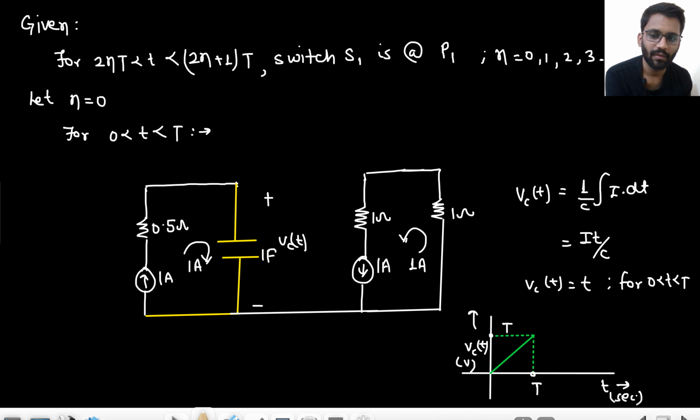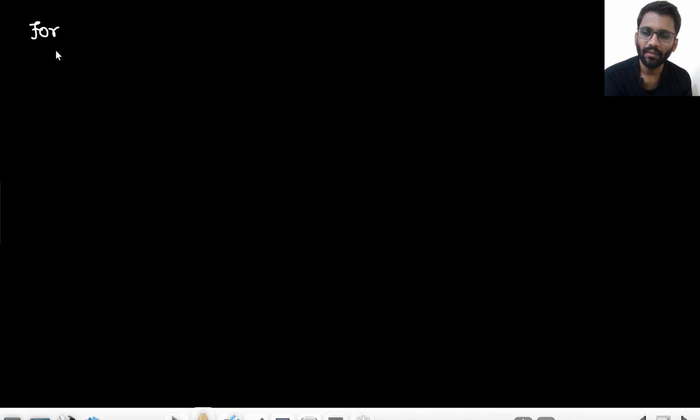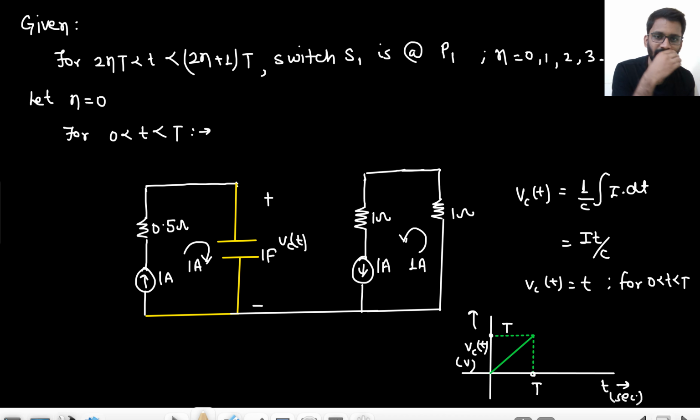Now in the second cycle, given for 2n plus 1 T to 2n plus 2 T, where is switch S2?